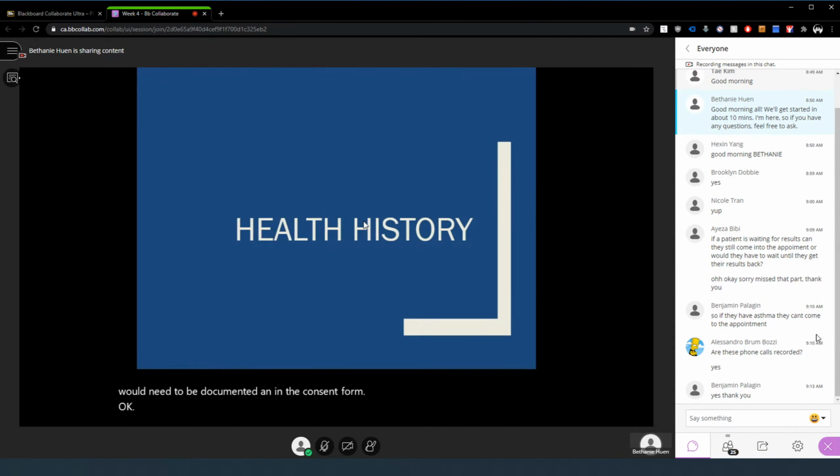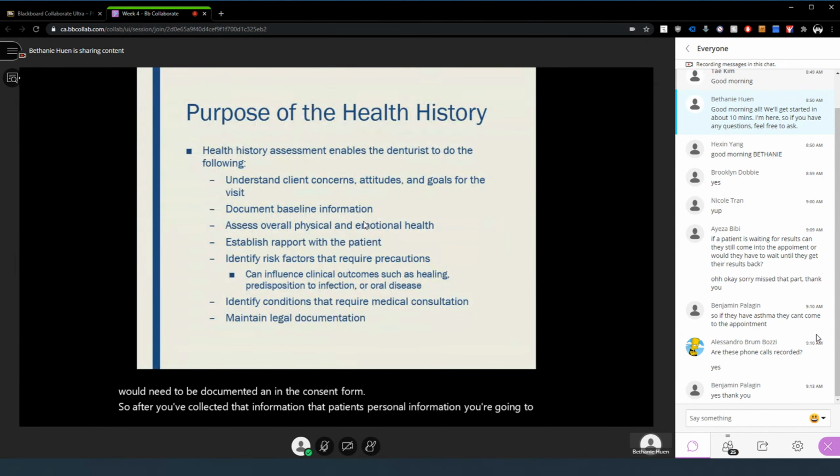After you've collected that patient's personal information, you're going to continue on with a health history. A health history essentially allows you to understand a patient's concerns, their attitudes, and what their goals are in coming to your denture clinic. It also provides you baseline information, a starting point.